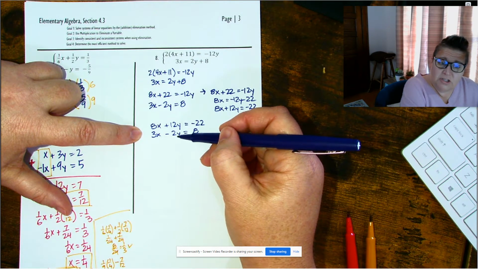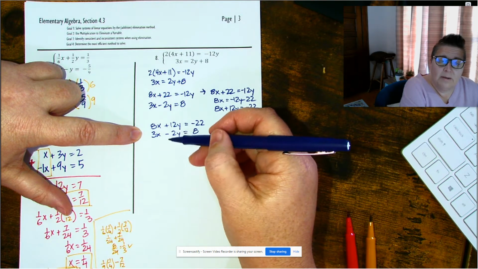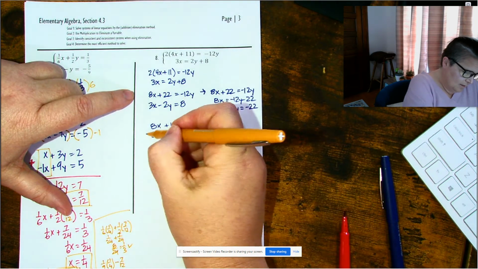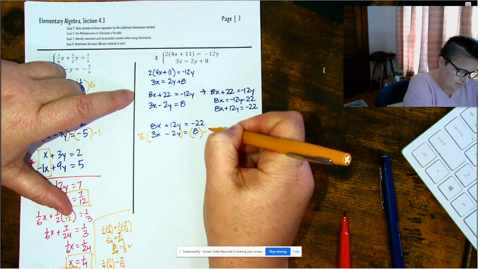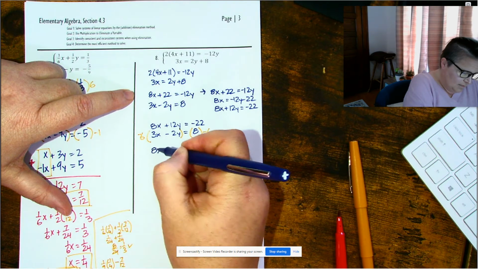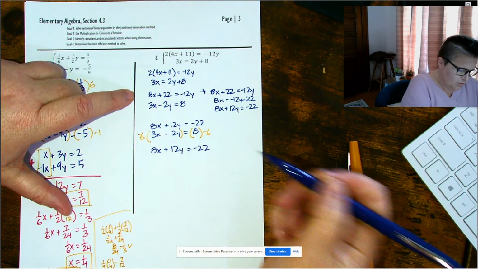If I multiply the 2 by 6, I will get 12. They're already opposites. So I'm going to mess with those y's. I'm going to multiply this side by negative 6 and this side by negative 6. So that's going to give me 8x plus 12y is a negative 22.